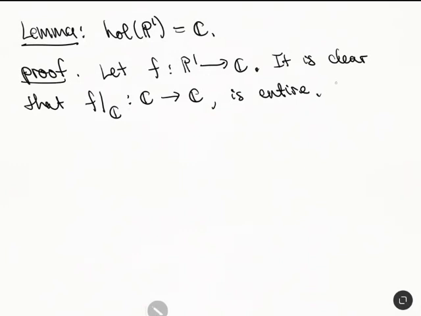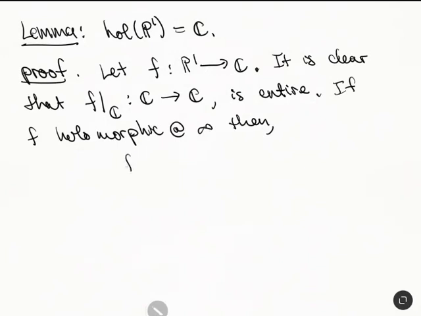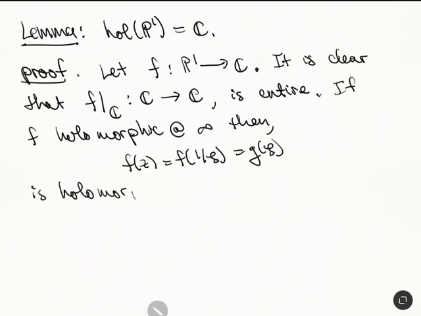Okay, so we have an entire function. And f is holomorphic at infinity, so we apply the definition. f of z is f of 1 over zeta, which is g of zeta, is holomorphic near zeta equal to 0.